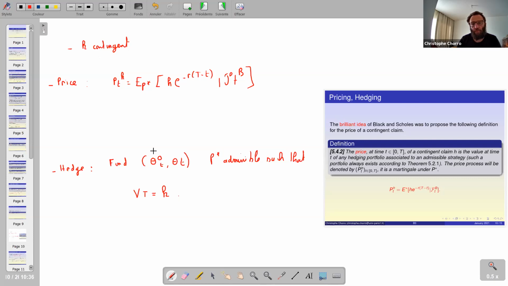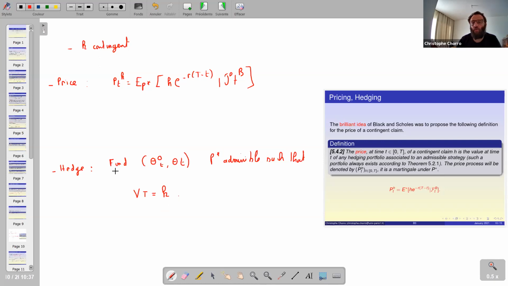You can follow this strategy at any time because it is self-financed, so it costs you nothing more than the initial price you ask at the beginning of the sale. And if I do my strategy, at the end I obtain exactly the payoff.